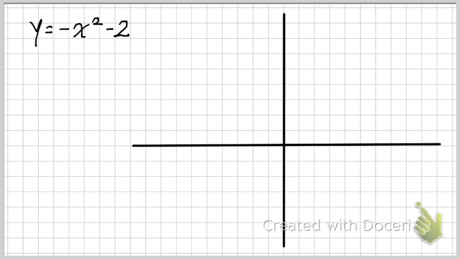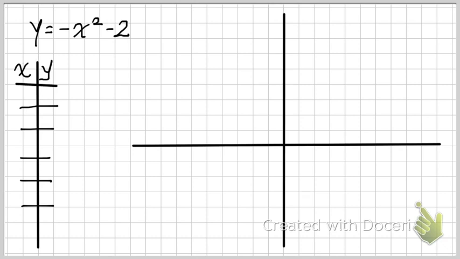Let's approach this one a little bit differently and say that we know that it's going to be opening down. And we also know that this -2 here is going to bump it down 2 units. And that down 2 units is going to make it look something like this, right?